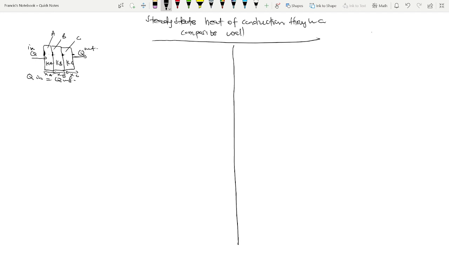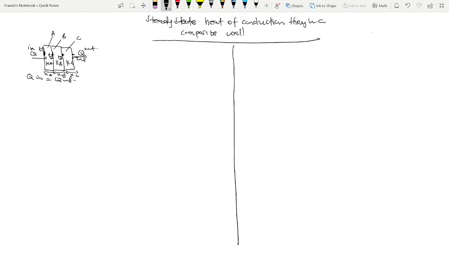Right. So now, when the temperatures of the walls are different, let's say it starts from here, because there is heat transfer. So here has a temperature of, let's say, T1. And then at this thickness, a temperature of T2. And here a temperature of T3. And here is T4.